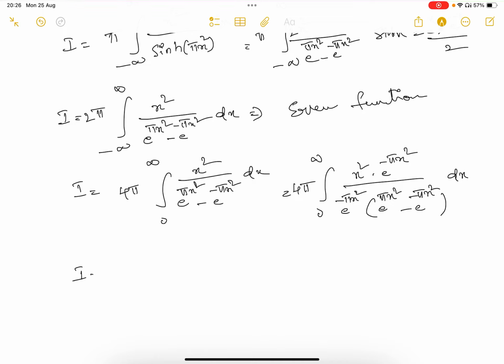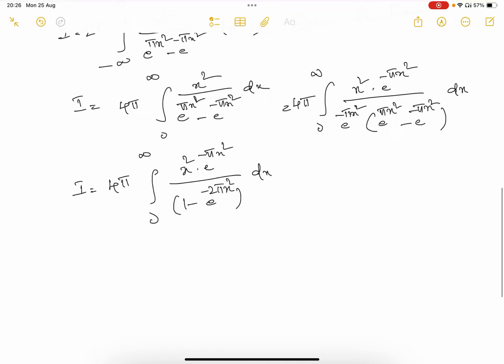So I will be 4 pi into the integral from 0 to infinity of x squared into e power minus pi x squared by 1 minus e power minus 2 pi x squared dx. So let's simplify these terms first, that is, e power minus pi x squared by 1 minus e power minus 2 pi x squared.